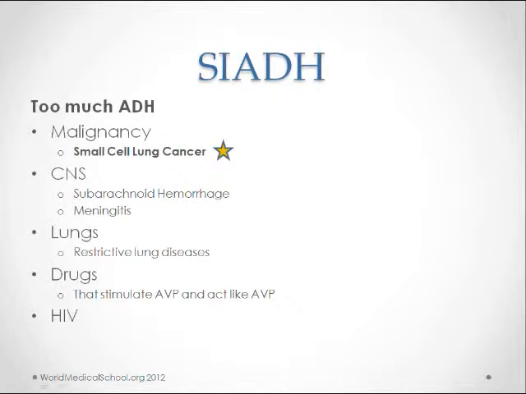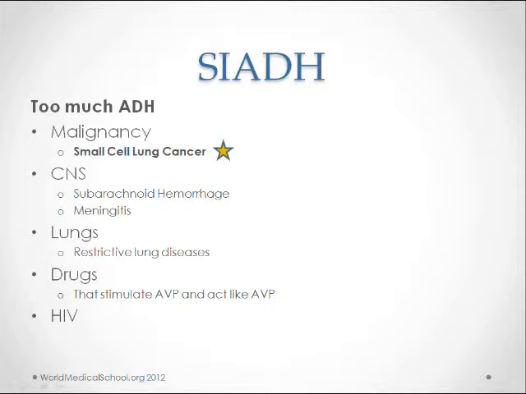SIADH, or syndrome of inappropriate antidiuretic hormone. It is a condition where there's too much ADH present in the body. Test writers love the association of SIADH and small cell lung cancer. They may describe a patient who complains of chronic coughing, history of smoking, along with low levels of sodium.